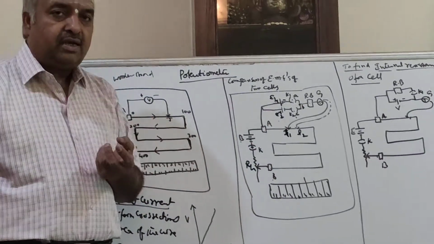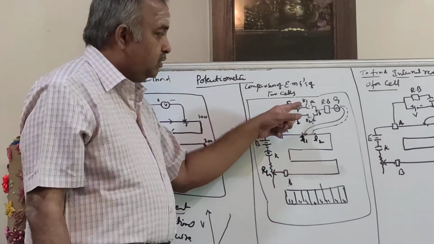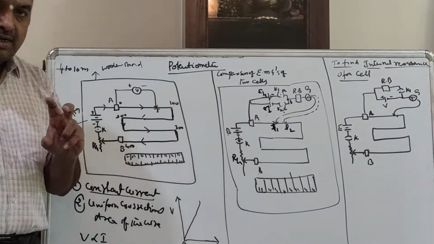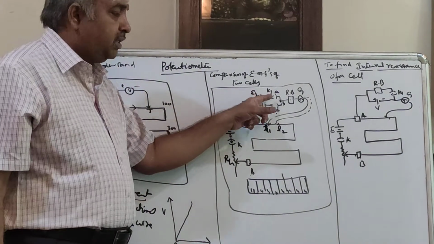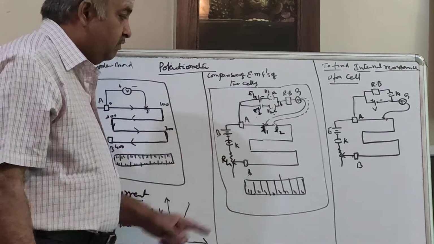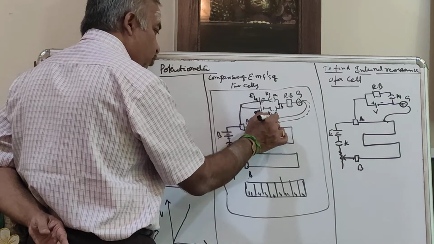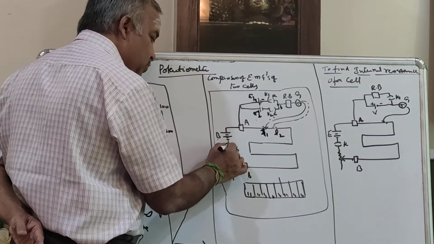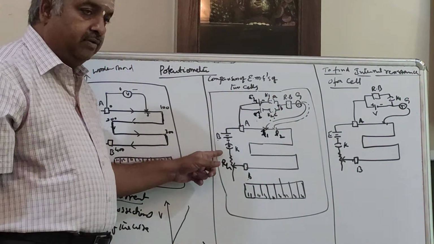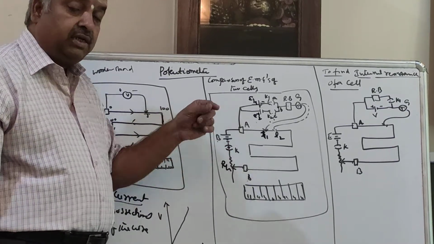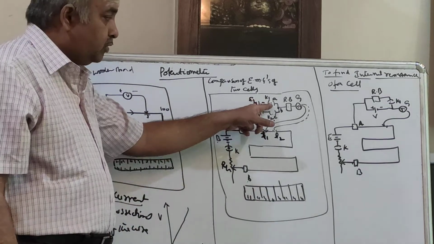If you want to draw the current from E1, we must close K1 and open K2. If you want to draw the current from E2, open K1 and close K2. So first, closing K1, opening K2, and with K closed, the main plug from the battery supplies the current, and we draw the current of E1.